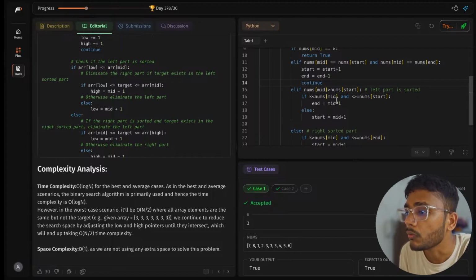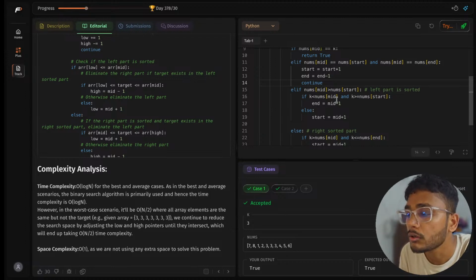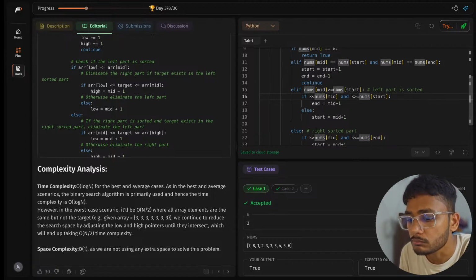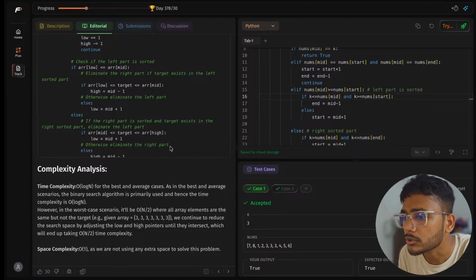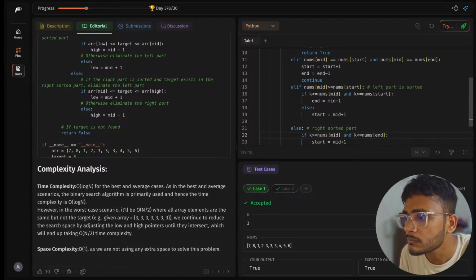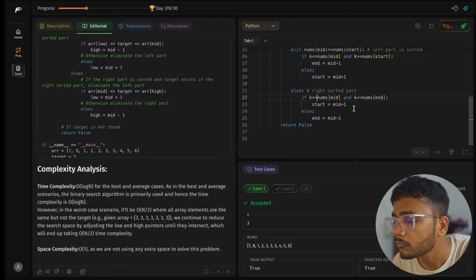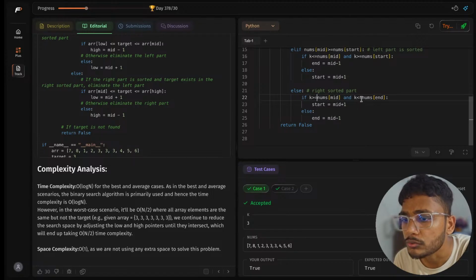What the heck? What is wrong with my solution? Is it because of this? Really? K is greater than or equal to mid and less than or equal to end.